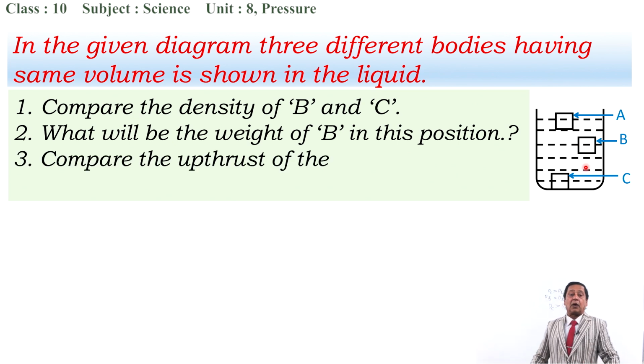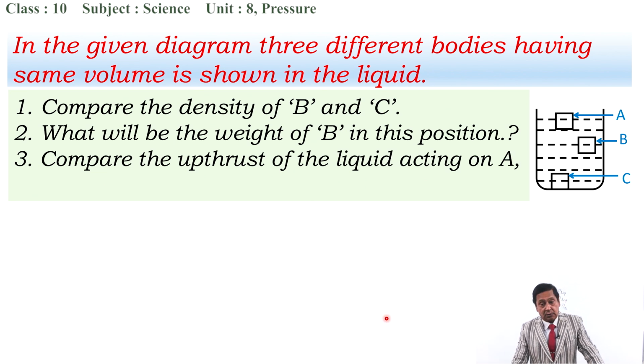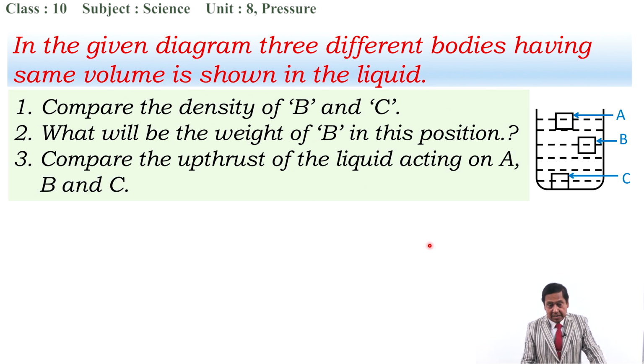Now next, compare the upthrust of the liquid acting on A, B and C. Looking at this figure, don't be confused that A experiences more upthrust because it is floating. No, this is a wrong idea. The part of A immersed into the liquid is less, so it experiences less upthrust than B and C. B and C have equal volume and both are completely immersed.